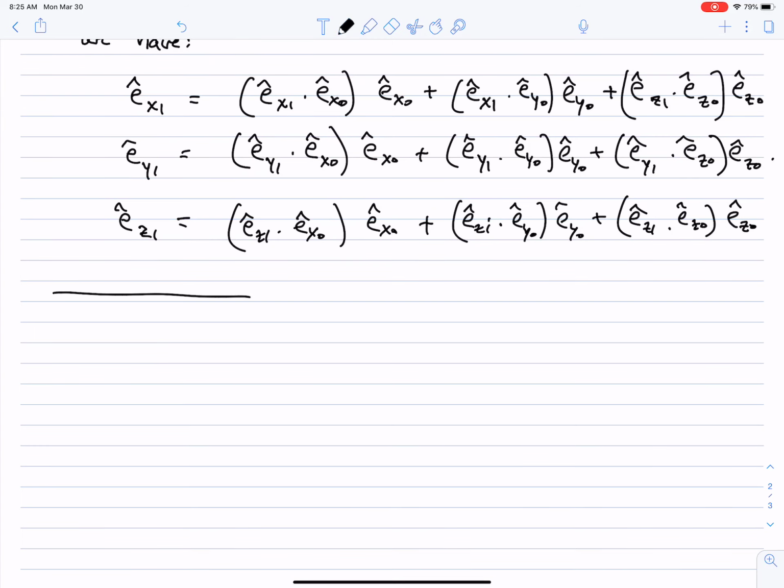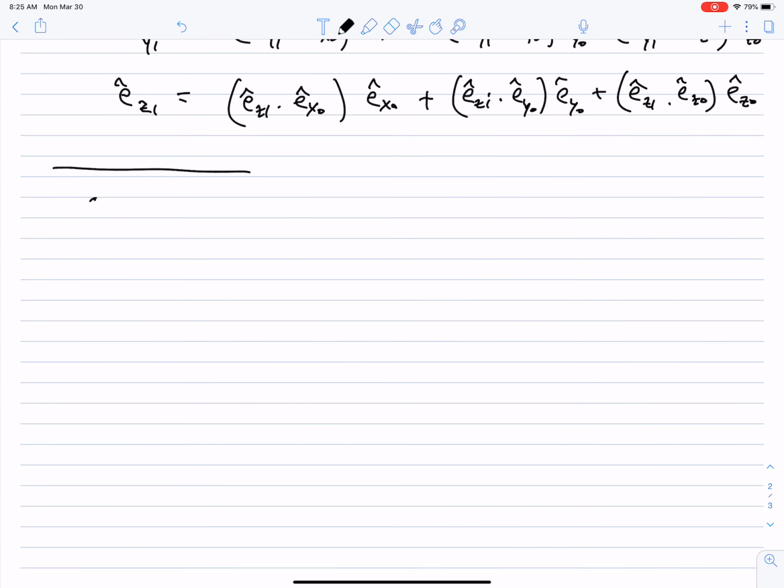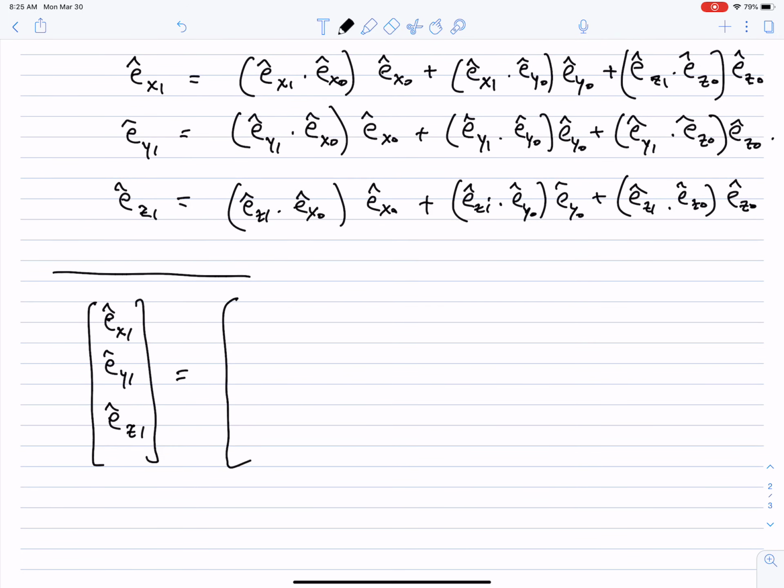Now, we can again write this in terms of a matrix relationship. And the matrix looks like this. It's again a 3 by 3 matrix.